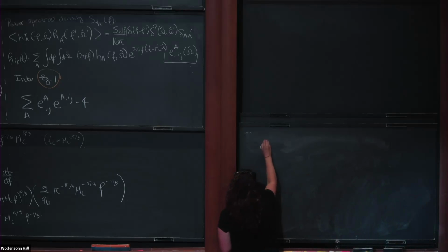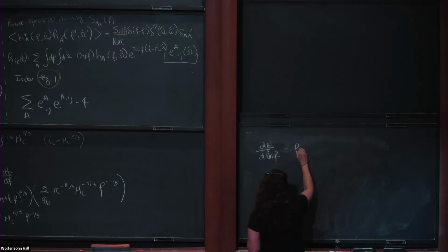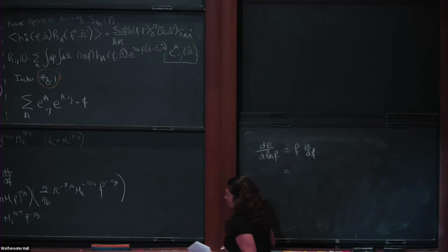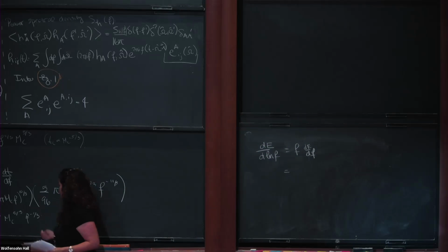So we want dE by d log f, and that's f times dE by dF. And so I have to multiply this by frequency. So f goes from minus 1/3 to 2/3.